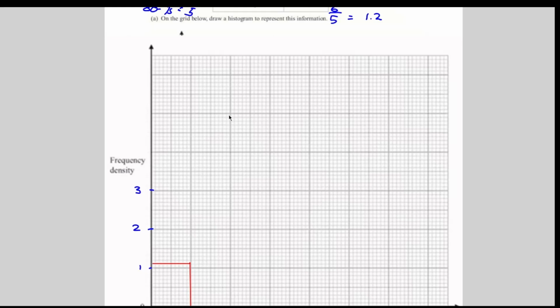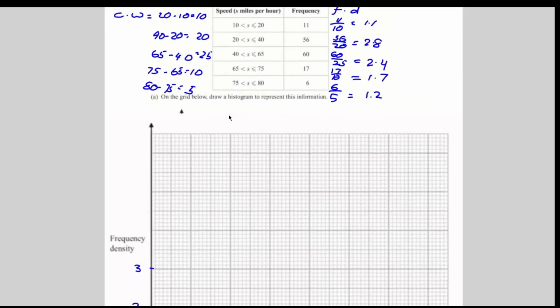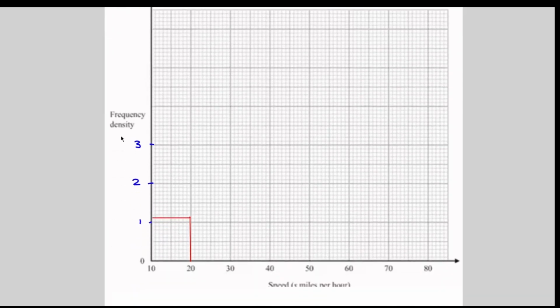Next one is 20 to 40, it is 2.8. 2.8 is here.